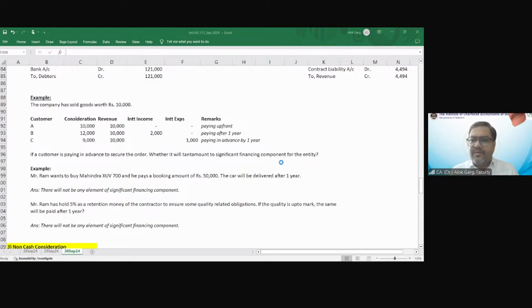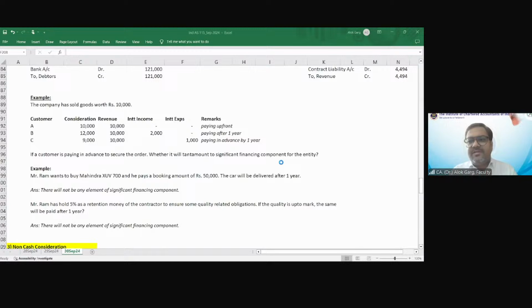For example, the next batch is going to start after 15 days. So Abrakesh has paid me the money and I told him, you can join this batch also. It is going to start after 15 days. He did not join. So I was ready to deliver the goods and services to Abrakesh, but he has not accepted.